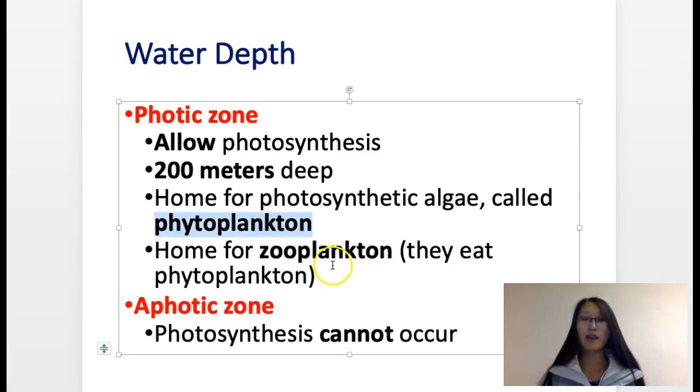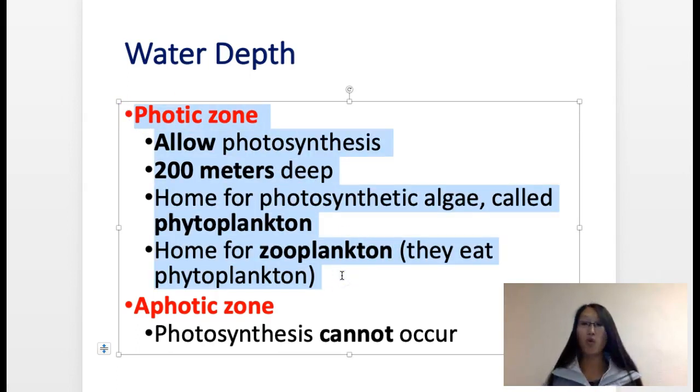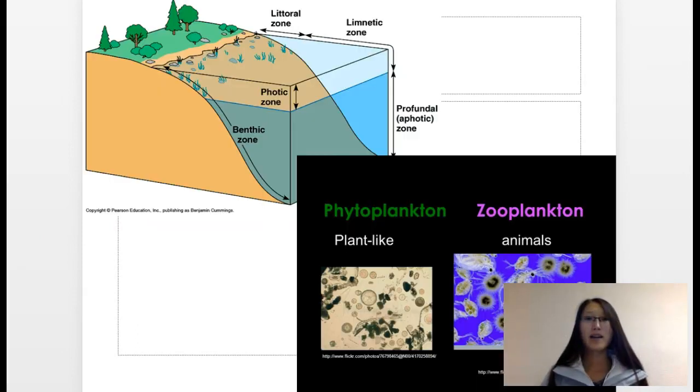When we have phytoplankton, we will also have zooplankton, and they both can only be found in the photic zone. In the aphotic zone, there is no photosynthesis, but there are still some organisms that can live there. But in general, the photic zone has a lot more activity and more biodiversity, which means there are more different kinds of species living there.